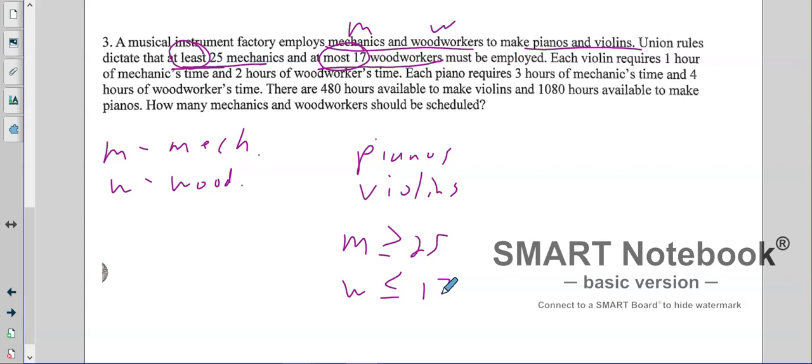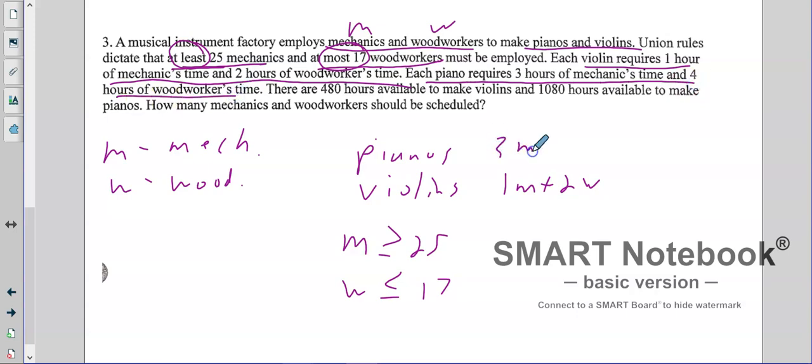All right. Now, each violin requires 1 hour of mechanics time and 2 hours of woodworkers time. So violin right here, 1 hour of mechanics time and 2 hours of woodworkers time. Each piano requires 3 mechanic and 4 woodworkers.